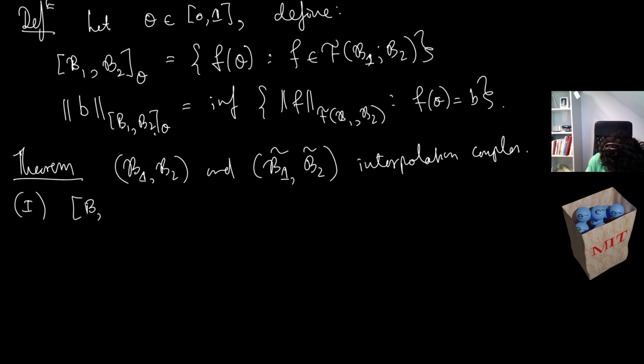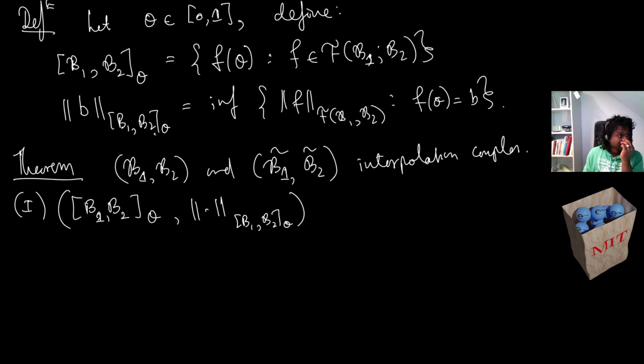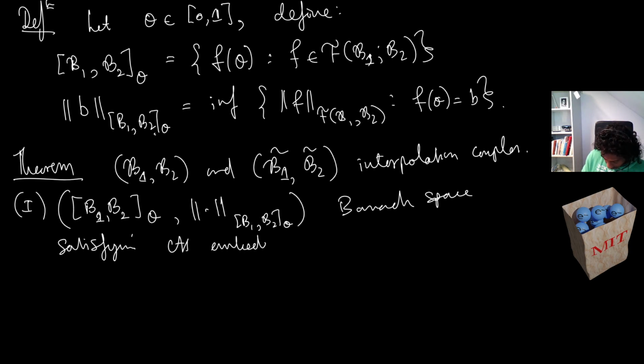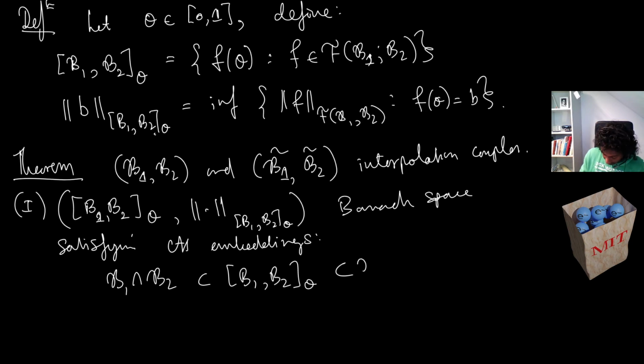This B1, B2, theta, with the norm that I wrote down, is a Banach space satisfying continuous embeddings B1 intersect B2 is contained in B1, B2 theta is contained in B1 plus B2.